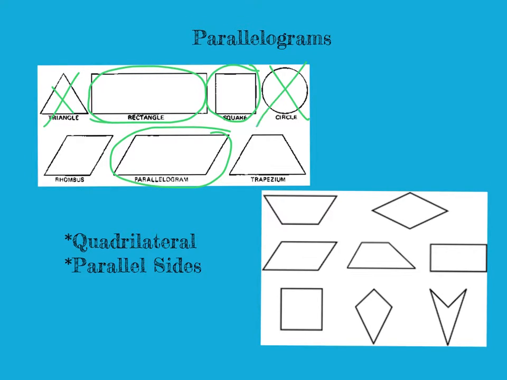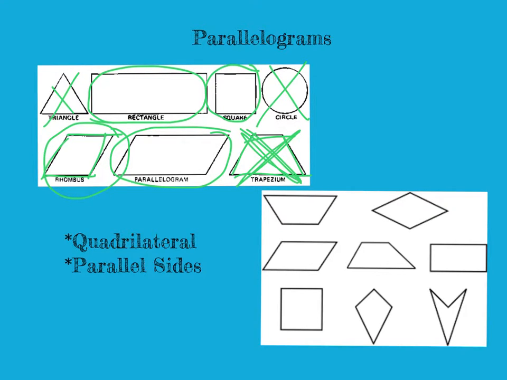Circle, nope. Rhombus, yes, again, four sides and the opposite sides are parallel. And then we have a trapezoid, or a trapezium as they say right here, and we have four sides. Two of the sides are parallel, but these ones are not, so that would not be a parallelogram.